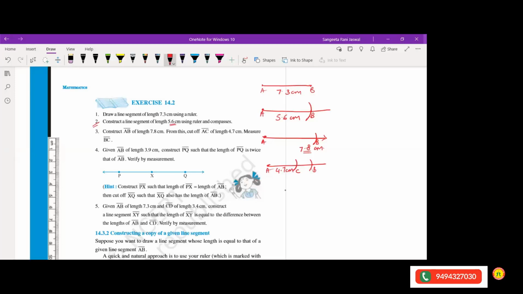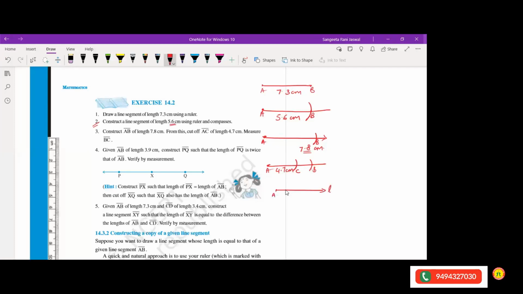So first we will take the measurement of 3.9 centimeters again, and we'll double it, and then we'll draw on that.